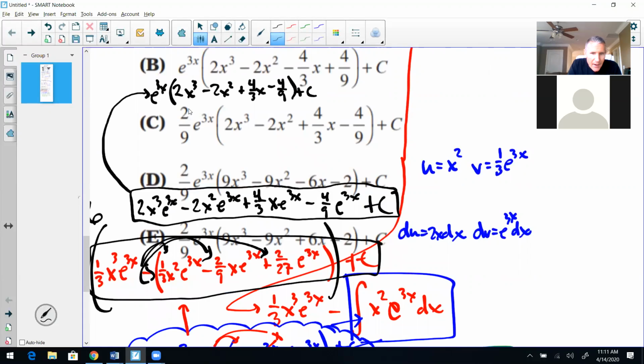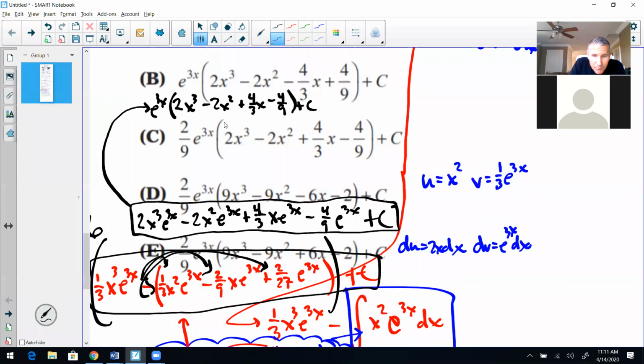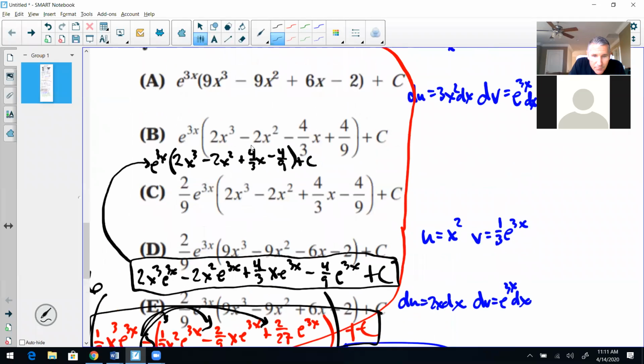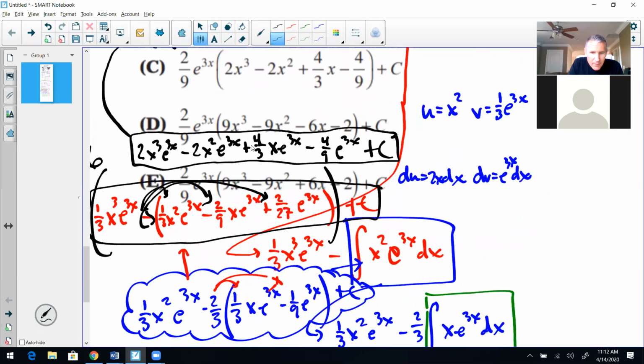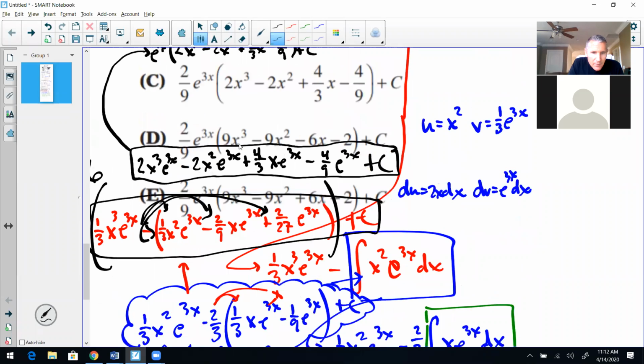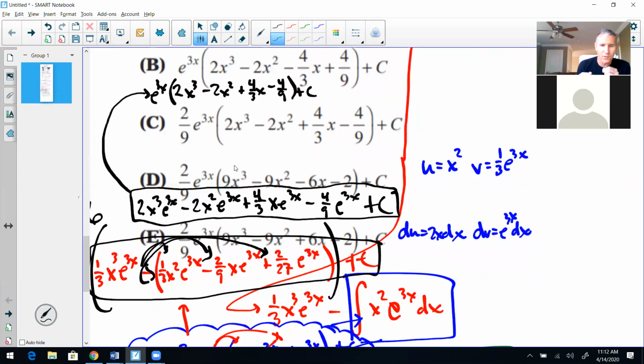So looking at this, everything inside here matches inside there, but they have a 2/9 there, so that can't be right. So I'm looking at factoring out a 2/9 because these last three have factored out a 2/9 also. If I factor out a 2/9, that's me multiplying every term inside by 9/2.